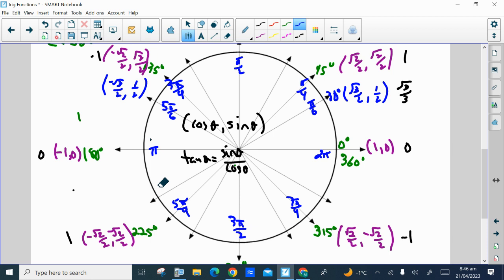Another one is 7 pi on 6, and it's going to be both negative. And then the last one here will be 11 pi on 6, where it's positive, negative.